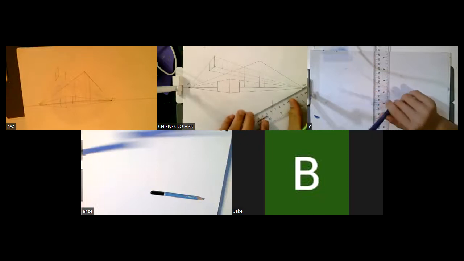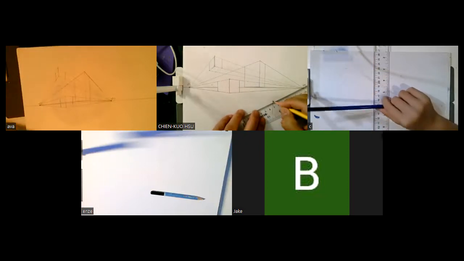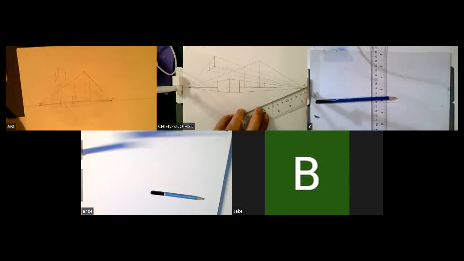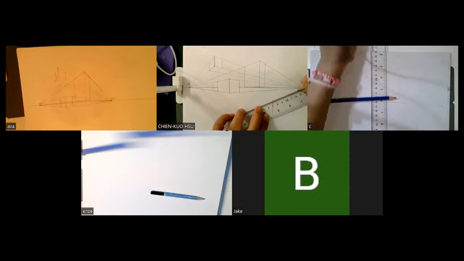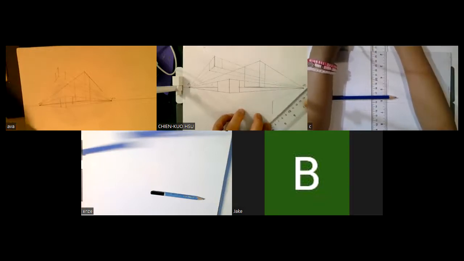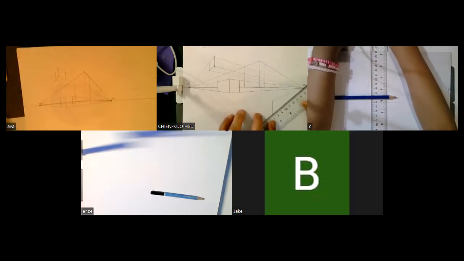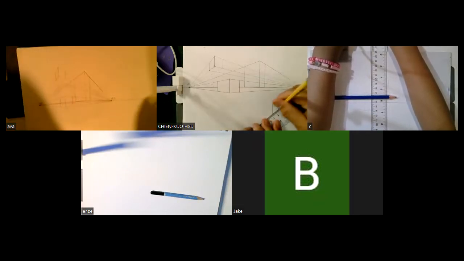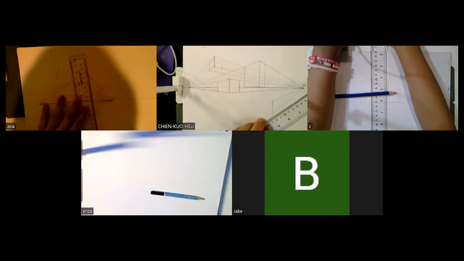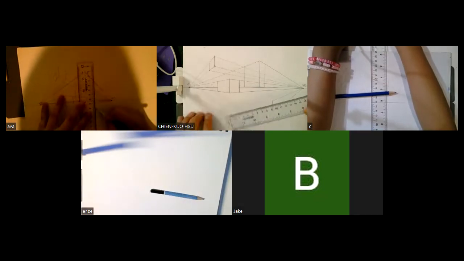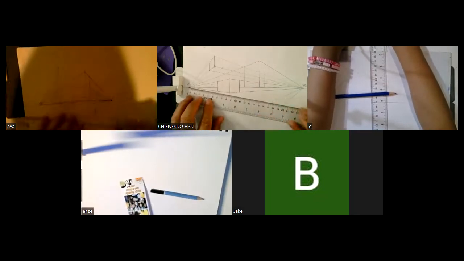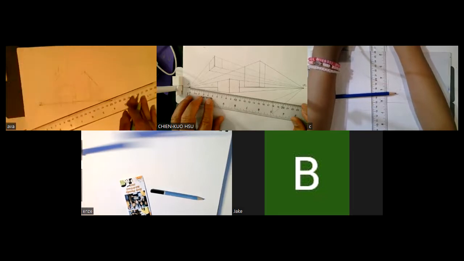Okay, now same thing. The top of the line here, the dot going to vanishing point 2. The bottom one's here as well. Looks like we didn't align right. Okay, and this one going to vanishing point 1.